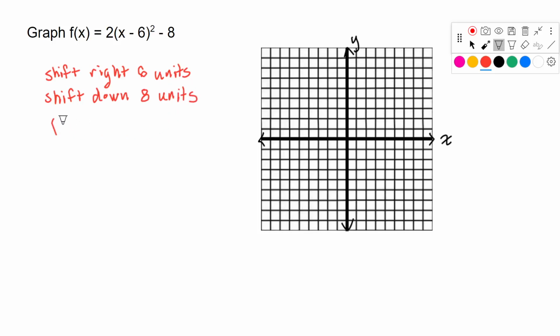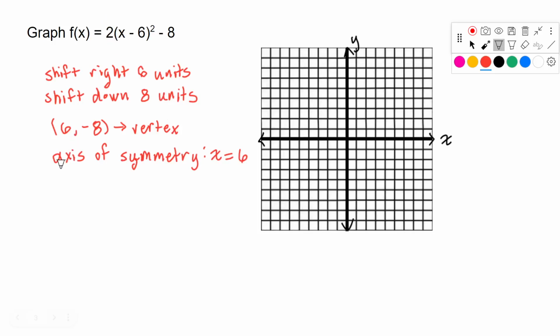Which gives us a vertex of 6, negative 8. The axis of symmetry is x equals 6.